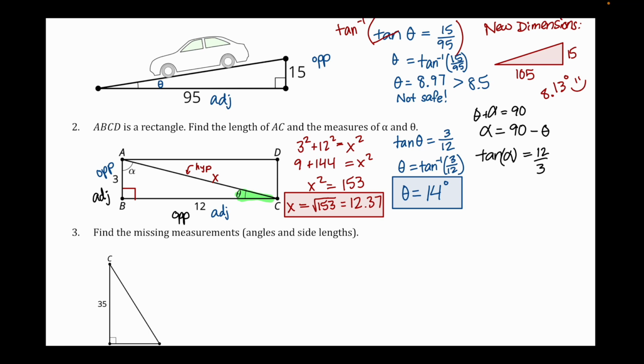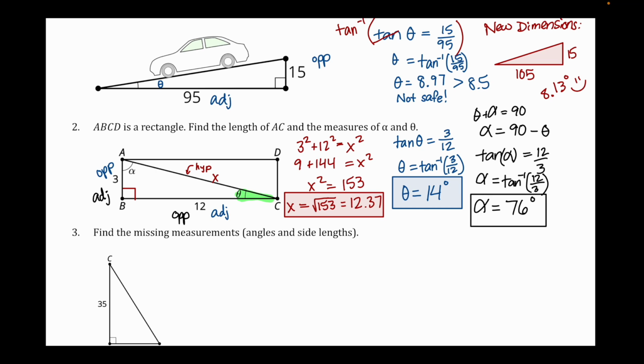So we would do the inverse tangent to both sides, and we would have alpha is equal to inverse tan of 12 over 3. So alpha equals, and just to check, I'm going to still type that whole thing in the calculator, inverse tangent of 12 over 3. And you could just put 4, because 12 divided by 3 is 4. But this gives us 75.96, so I'm going to round it up and say that it's 76 degrees.